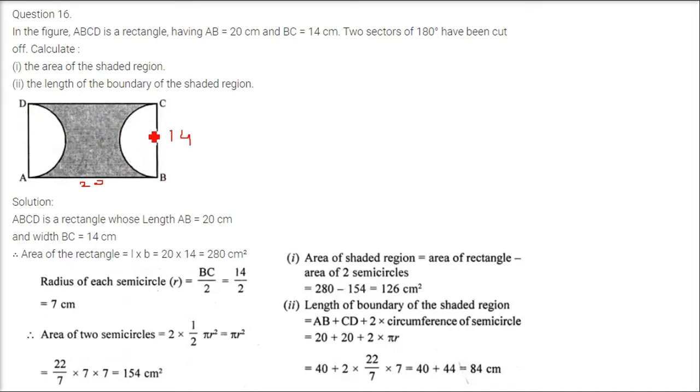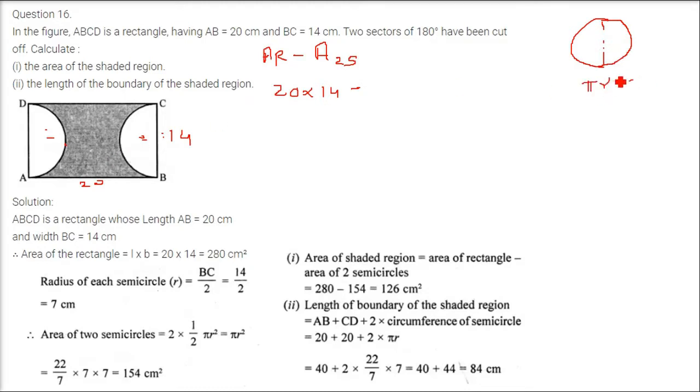Area is very simple. Take the area of the rectangle minus the area of these two semicircles. The area of the rectangle is 20 into 14. If I combine these two semicircles, we get a circle.